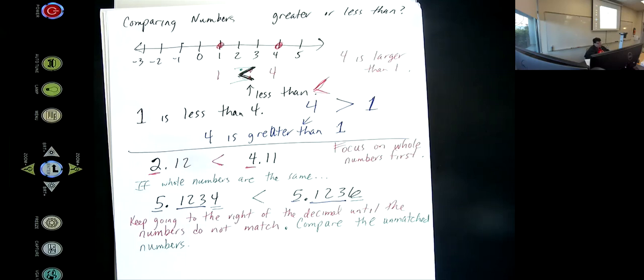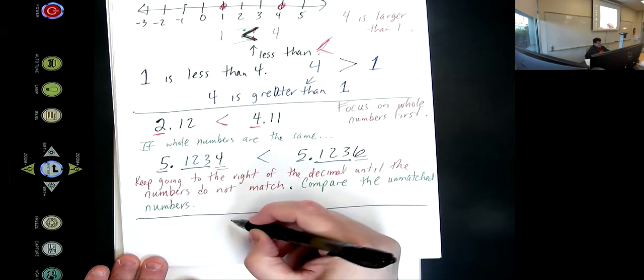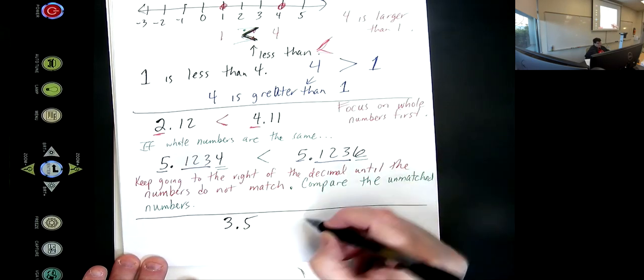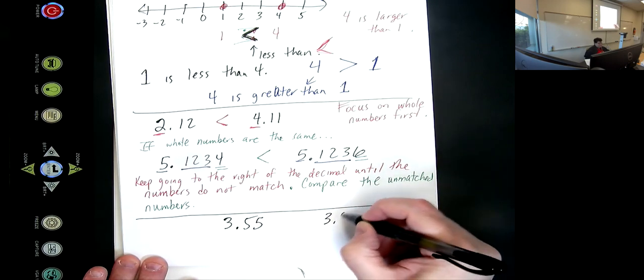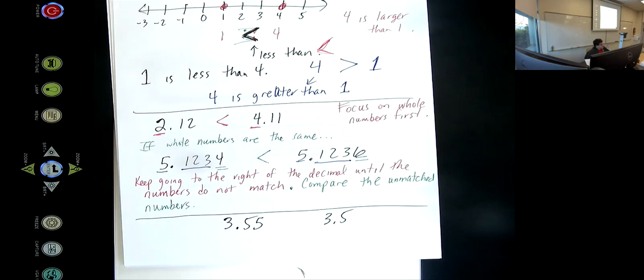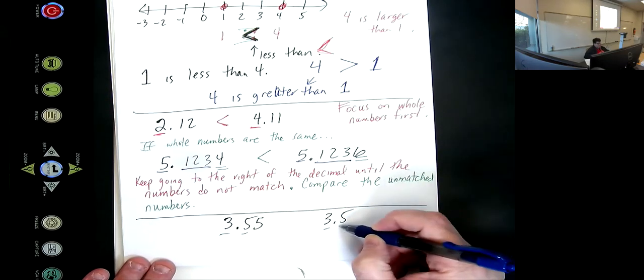Another case where this throws off a lot of students. What if I had something like this? If I'm following what I did before, the 3s match up, the first 5 matches up.